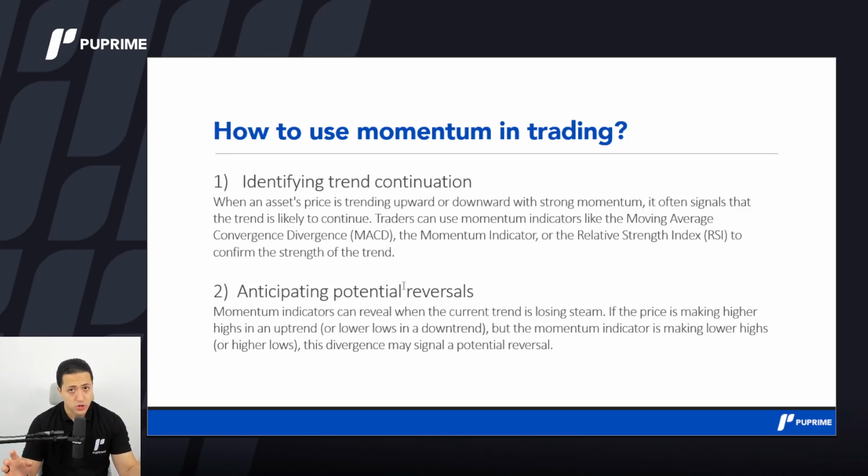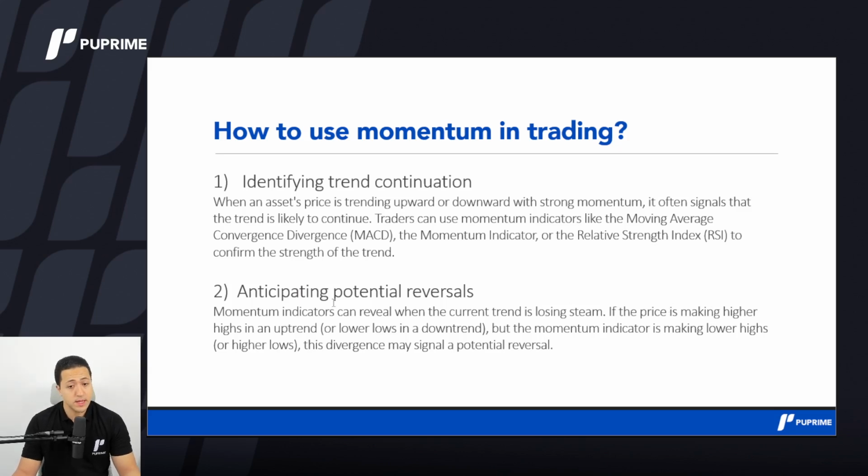Is momentum strong? If this is a yes, the trend most probably will continue. If momentum is weak, will the trend continue? No, most probably we will be looking for a reversal.